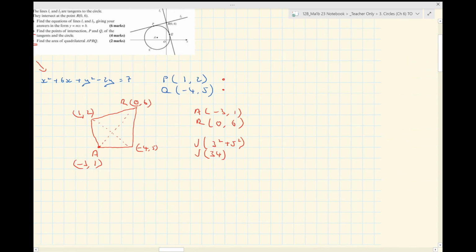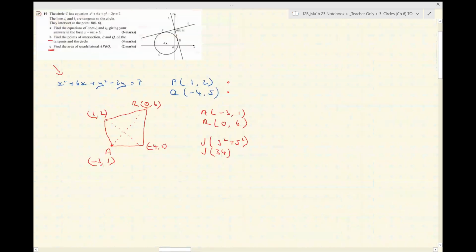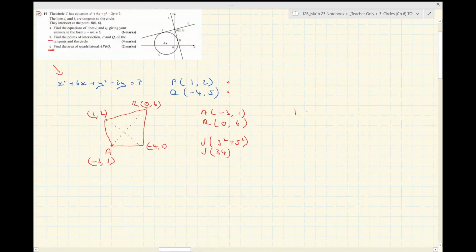Okay, and I've also got PQ. Well, that's (1, 2) and (-4, 5), which is going to give me a length of the square root of 5 squared plus 3 squared, which is the square root of 34, just like it was on the left-hand side.